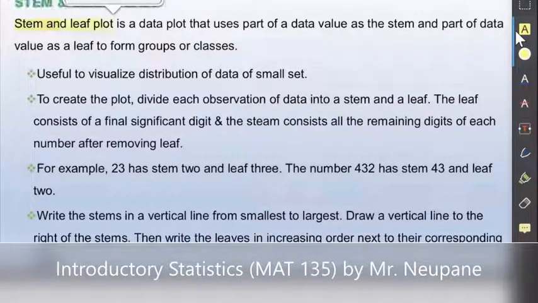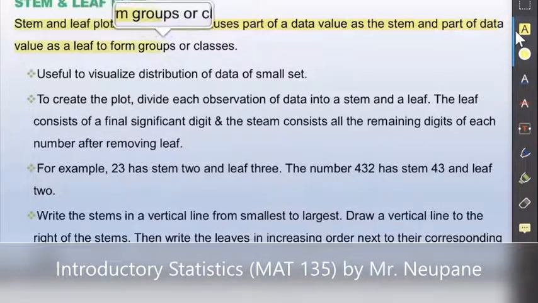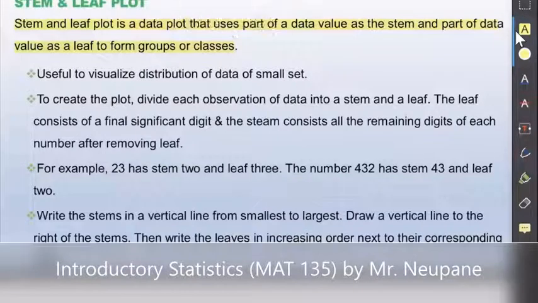A stem and leaf plot is a data plot that uses part of the data value as a stem and part of the data value as a leaf to form groups or classes. So when we say stem and leaf, for every number, for example, I have one example down here.